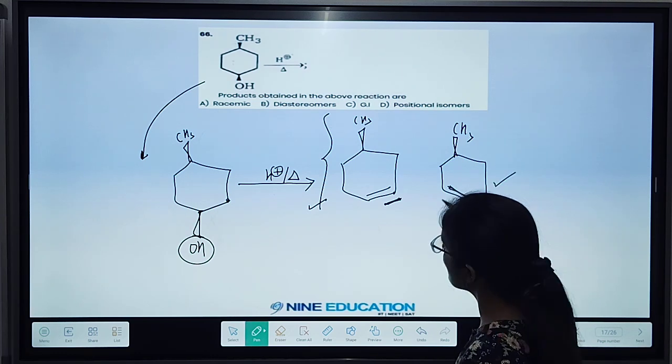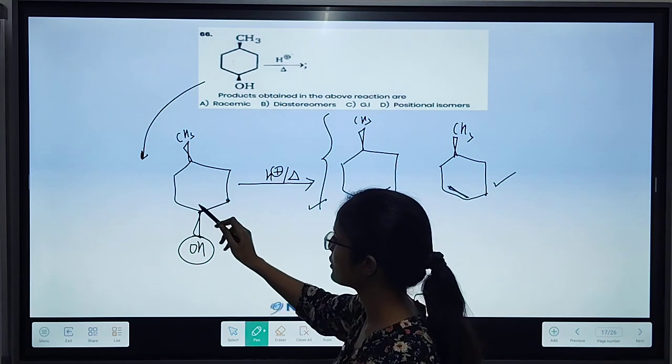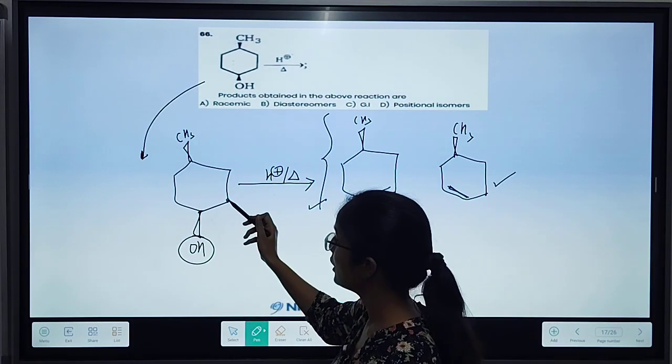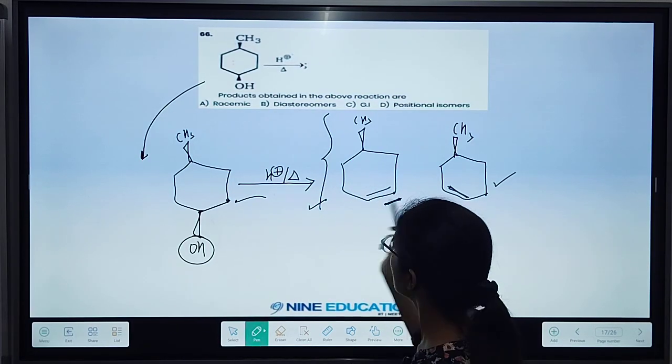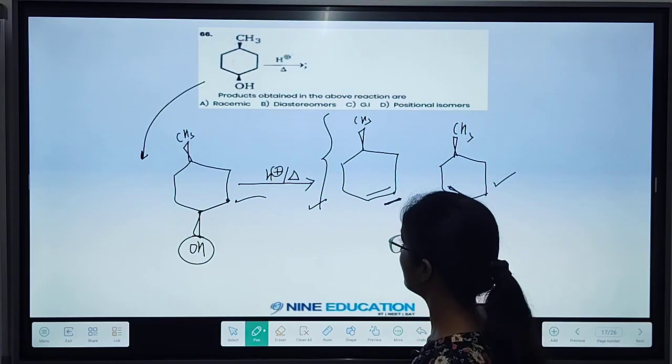You can understand that if OH takes up H plus, first of all a positive charge will be coming, and from here also if H plus is released from this carbon, we will be getting a pi bond, and if it is released from this carbon, a pi bond will come here, right?